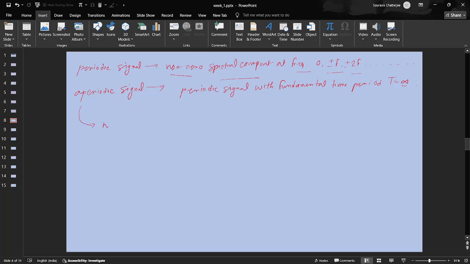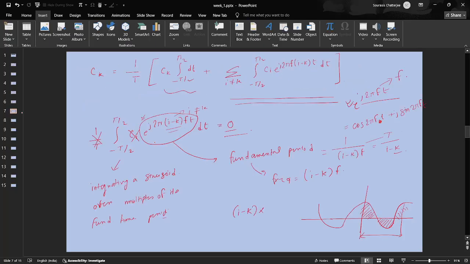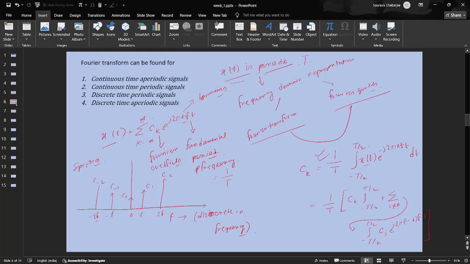Why do you think that non-zero spectral component, whenever I say it, basically it means in the frequency domain, that's all. So where do you see these non-zero spectral components appear? What exactly is the definition of a non-zero spectral component? For example, when we have a periodic signal, we can have this Fourier series representation, right?